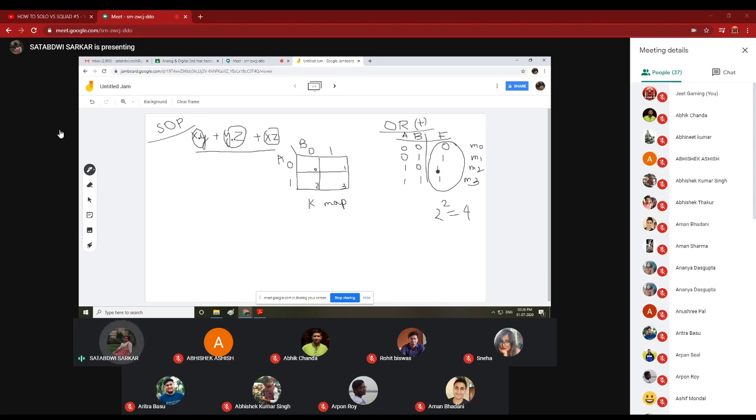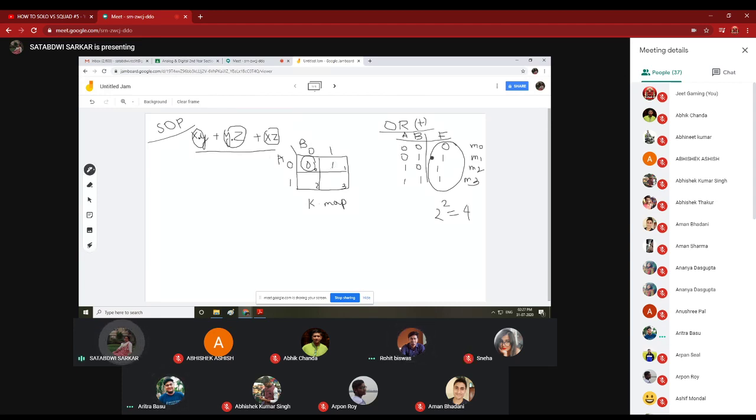So now we have to put these values. For 0, 0, that means A value is 0 and B value is 0, so we need to put here 0. For this cell, the value is 0, 1. A value is 0 and B value is 1. So we will write here 1.